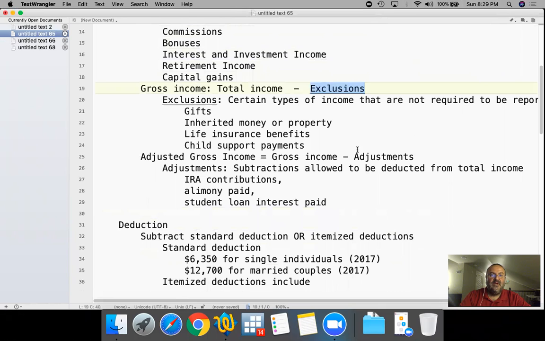And then we had our adjustments: your IRA contributions, alimony paid, student loan interest paid. So total income down to gross income, that's after exclusions, and then adjusted gross income, that is after exclusions and adjustments. Now you have deductions.